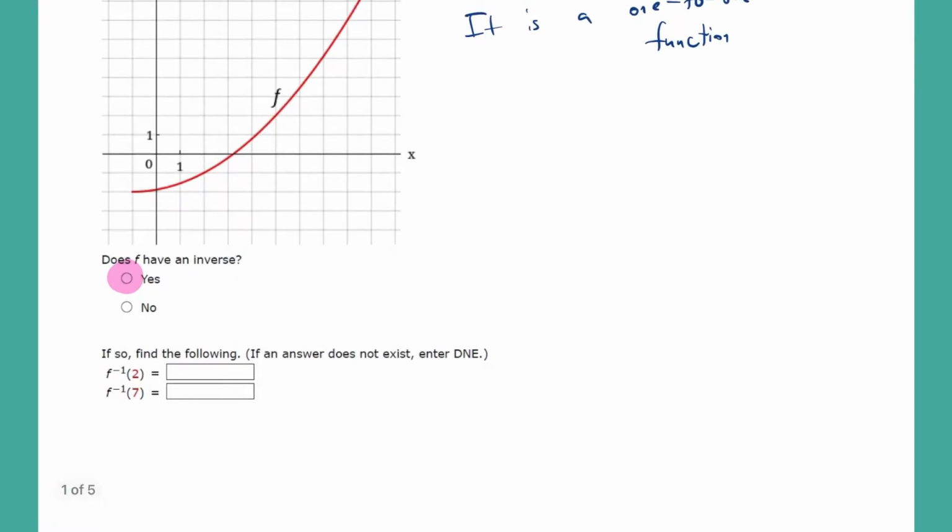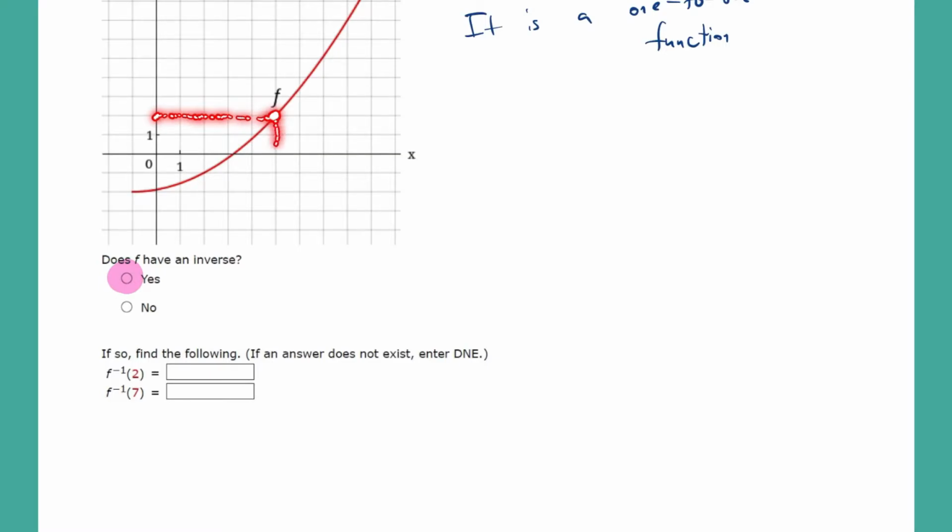So for this, the input of the inverse function is the output of the normal function. So 2 would be the output of f, which means it's the y-coordinate. Here's 2, and you have to see where it's crossing the graph.